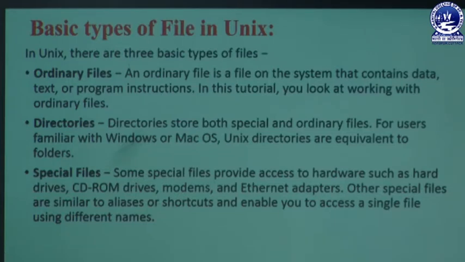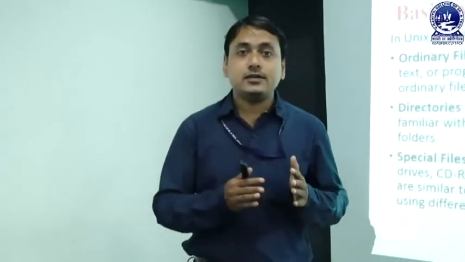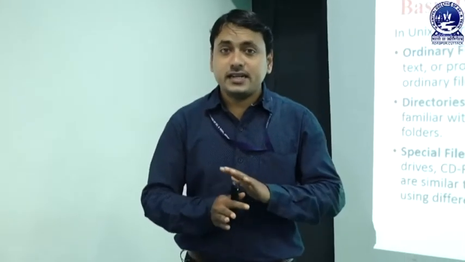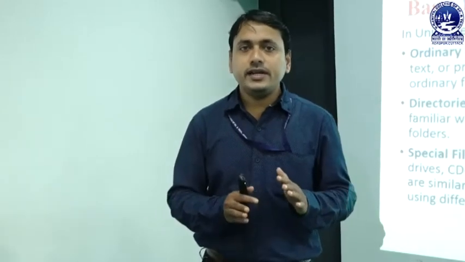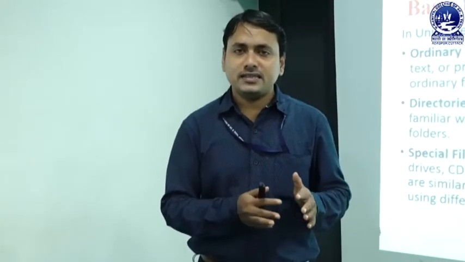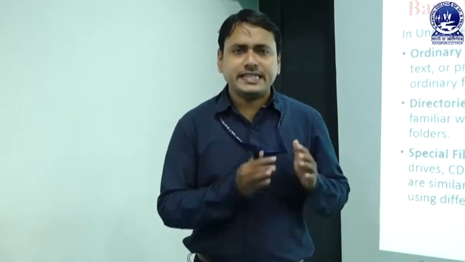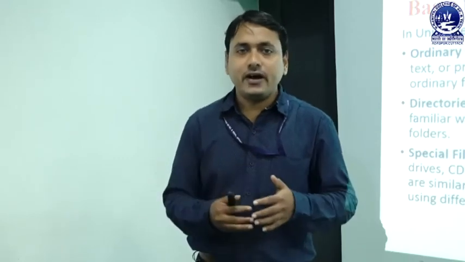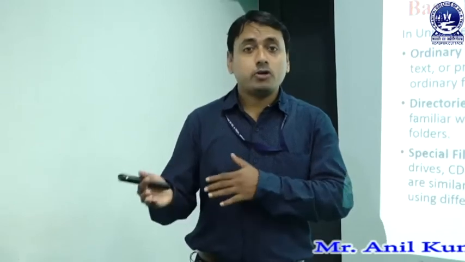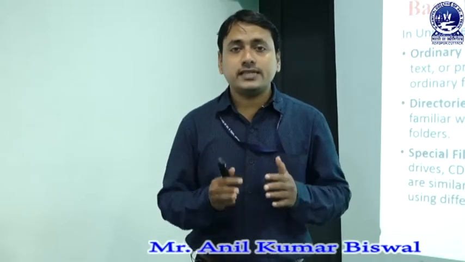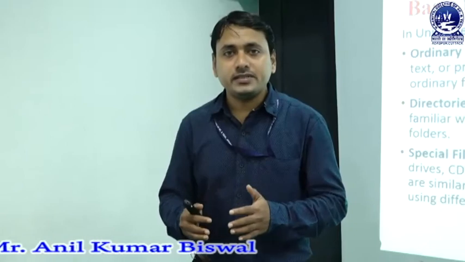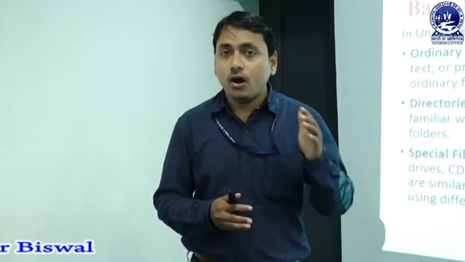That means the user creates a file, and that file contains only text. There is no image, no audio or video in that file. Otherwise it is not an ordinary file. An ordinary file means only text. That may be a text file or a document file, containing only text-relevant information, which is known as an ordinary file.